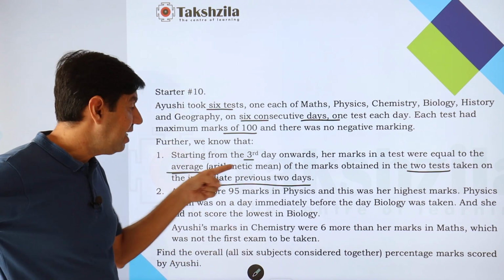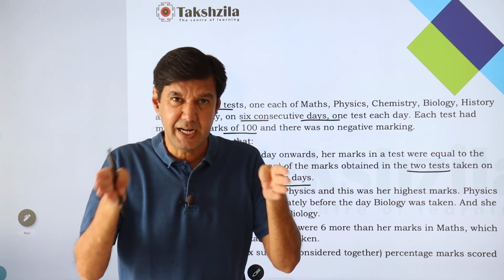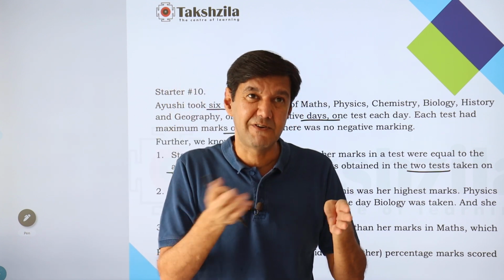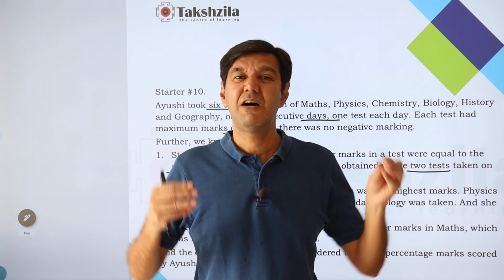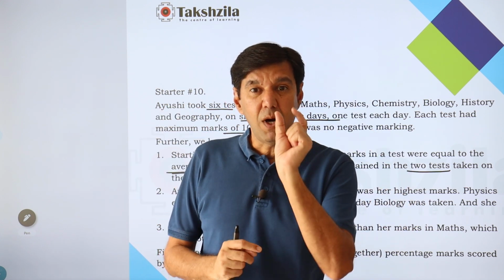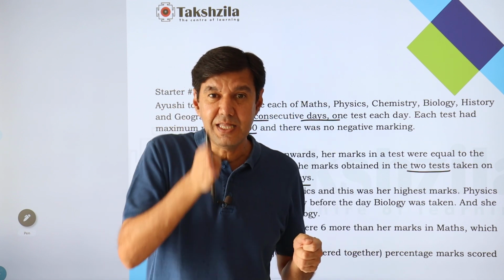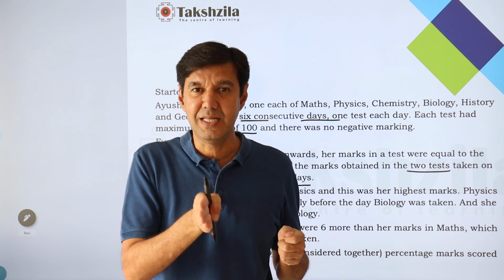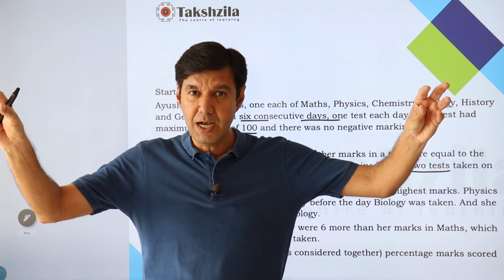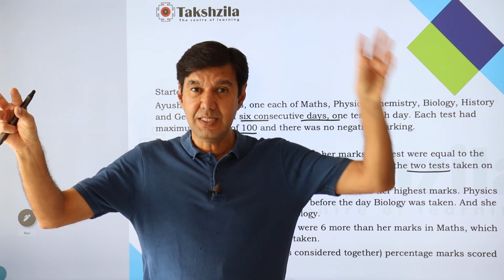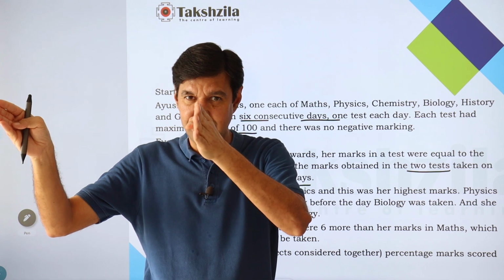Just reading this sentence and comprehending, okay, 3rd is the average of 2 and 1, 4th is the average of 2 and 3, 5th is the average of 3 and 4, is not deep enough. There's a word there, average. Have you focused on that word? Average means in the middle. Arithmetic mean, this is of 2 values. So there are 2 values to begin with. The 3rd is the average, the middle.